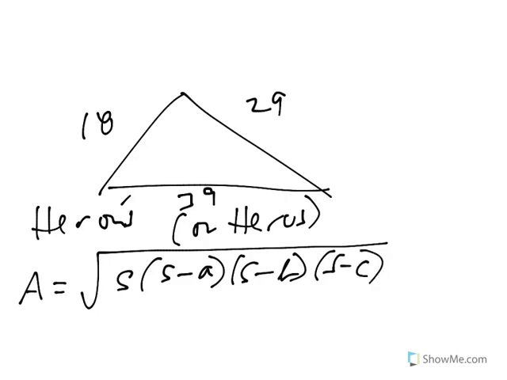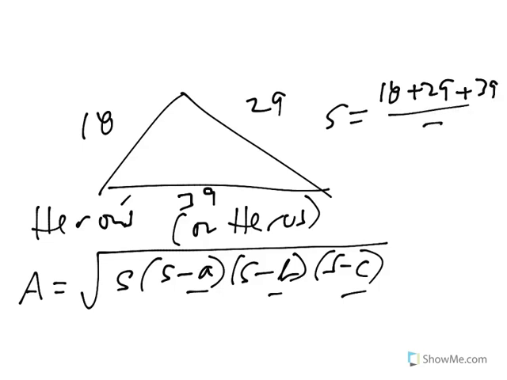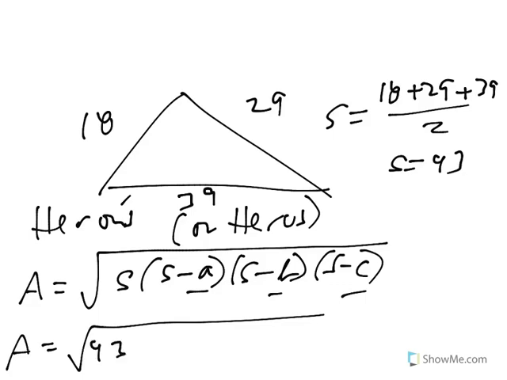Here's the formula. So the three sides A, B, and C are here. S is what's known as the semi-perimeter, which means you find the perimeter and divide by 2. That becomes 43. You pop that into the formula. 43 minus 39 is 4. 43 minus 29 is 14.